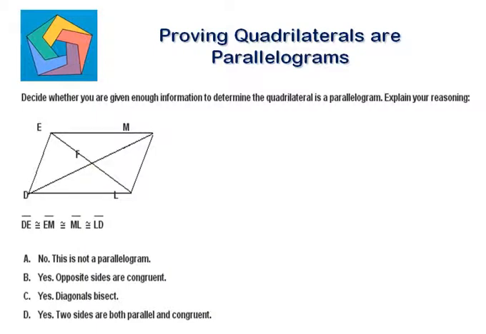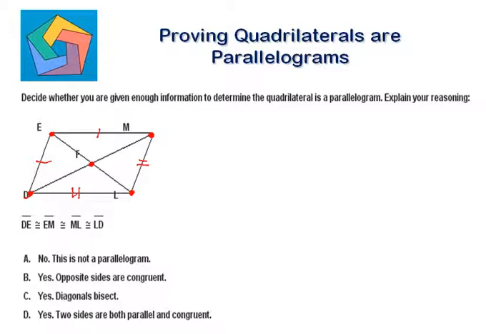Decide whether you are given enough information to determine the quadrilateral is a parallelogram. Explain your reasoning. We have quadrilateral EMLD and the diagonals are intersecting at point F. Segment DE is congruent to segment EM, and segment ML is congruent to segment LD.